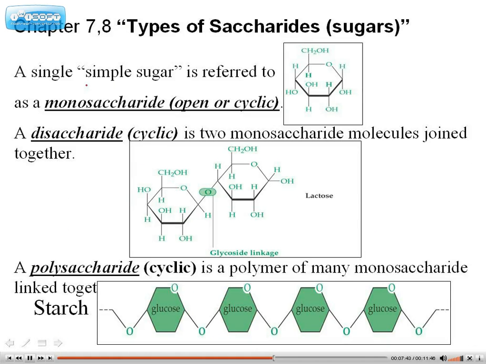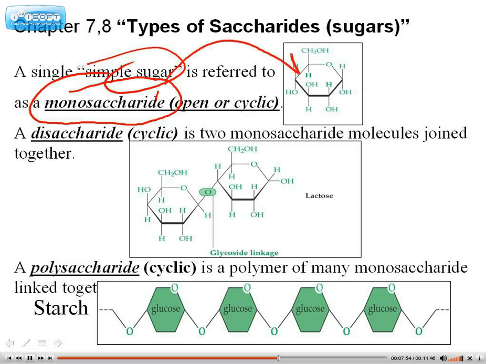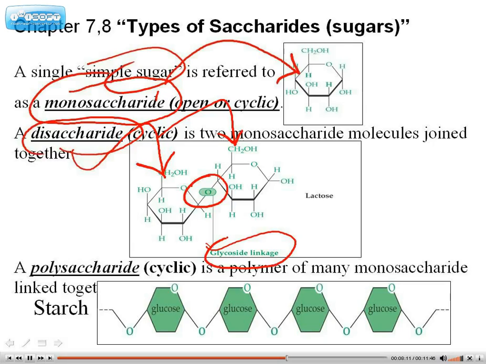Let's move on. Some other general classification schemes. Monosaccharides, aka simple sugars, refer to these molecules right here. Disaccharides, di meaning two, means you have two sugars and they're linked together by an ether functional group. In biochemistry, we refer to this as a glycoside linkage. Disaccharides have their own unique biochemistry common names.